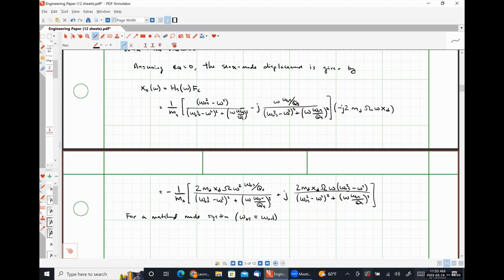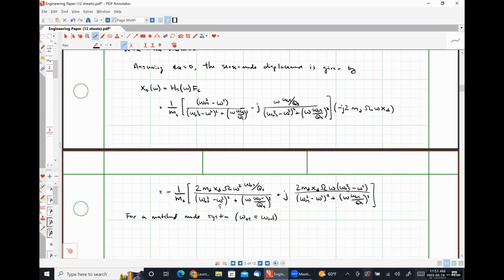Let me specify here: the omega that we're looking at, this lowercase omega without any subscript, is the excitation frequency of the drive mode. If we're exciting the drive mode at omega naught D, which we know we're doing to maximize displacement, and omega naught S is equal to omega naught D, we're going to see that a lot of these terms go away.